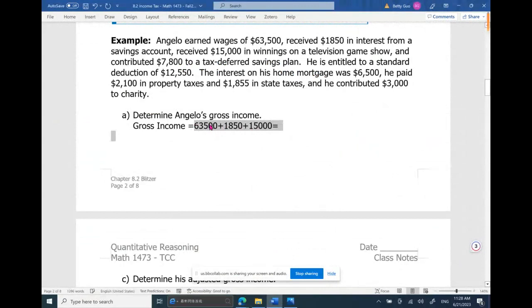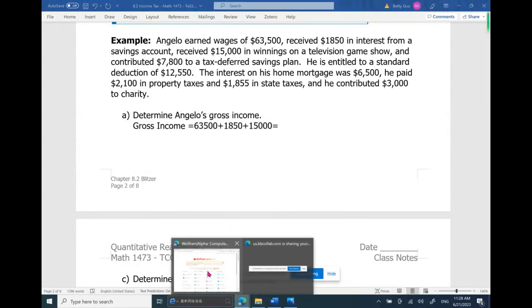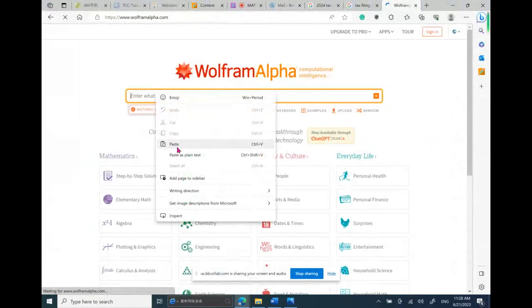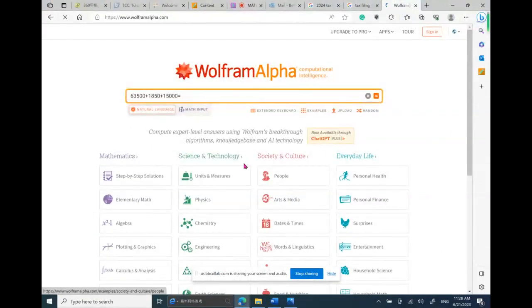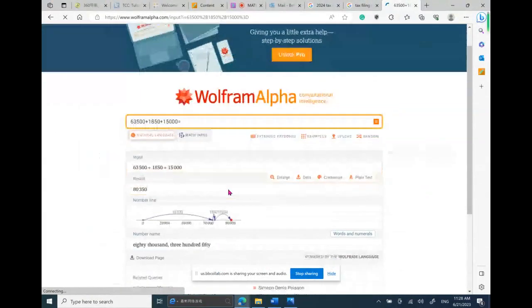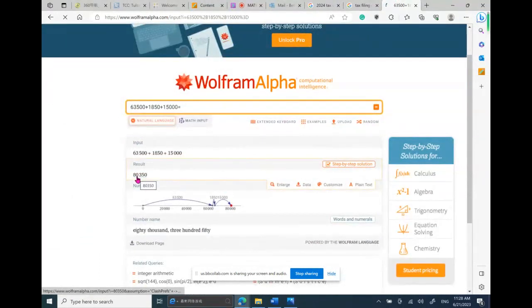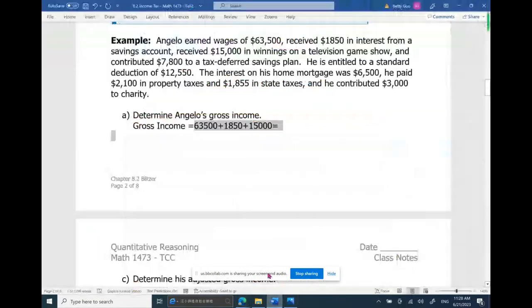So I'm going to just copy paste, and the website will give me the sum, 80,350 dollars.